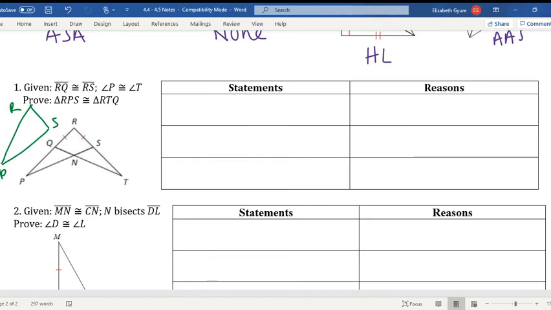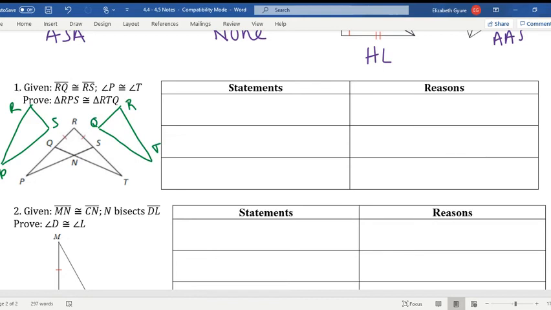So there's one of them, that's RSP. And then you'd have another one over here, and that's RTQ. That kind of helps if you separate them out a little bit.